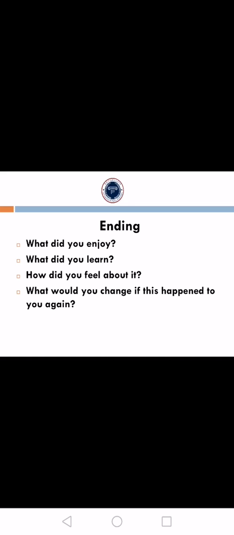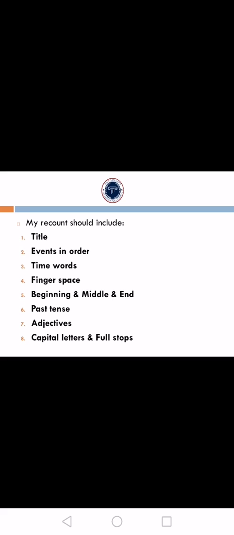So, after I finish my recount, I should make sure that I wrote all the things that should be in the recount. So we should have a title, and my events have to be in order. I have to use the time words as we said: first, next, then, after.